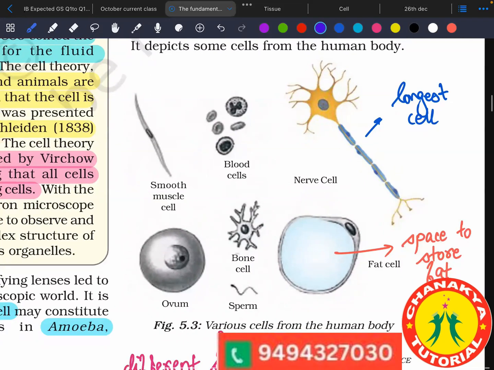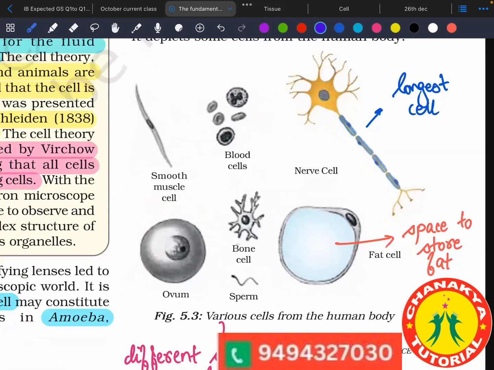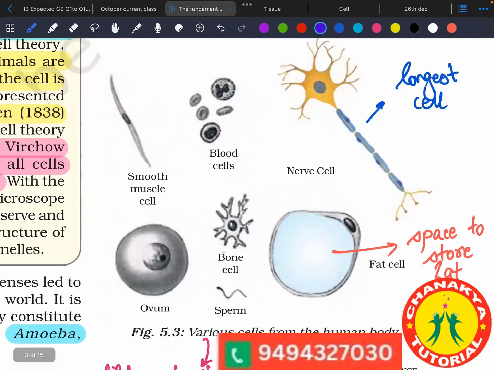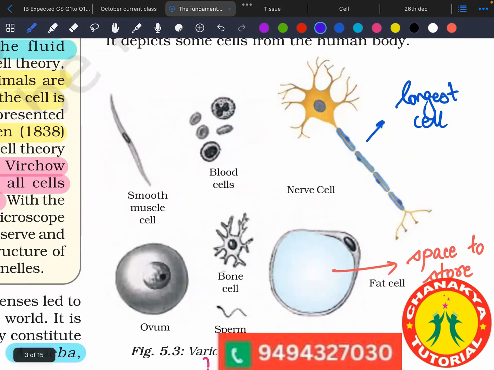There is an ovum and a sperm, which are used for reproduction. There is a bone cell, which is used to make the bone. There is a fat cell, which is used to store fat. So these are all present inside us, and we are a multicellular organism. That means different cells are there to do different kinds of work.